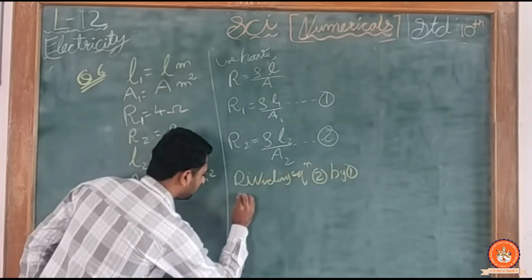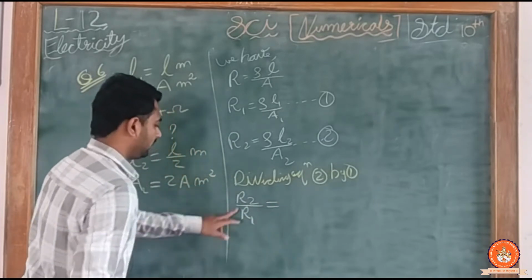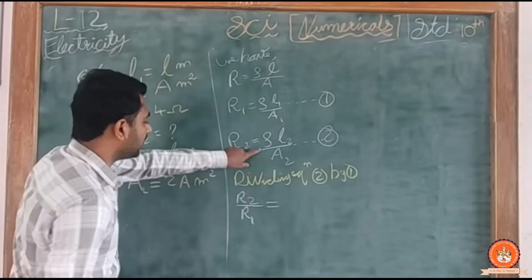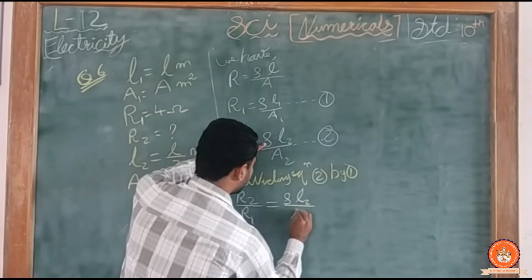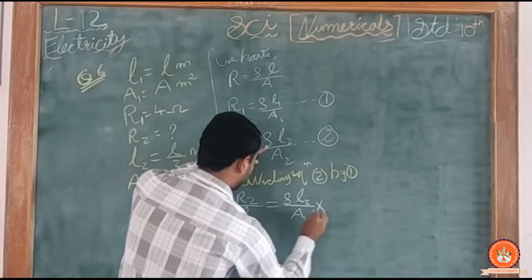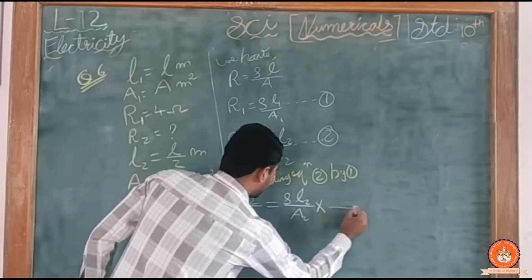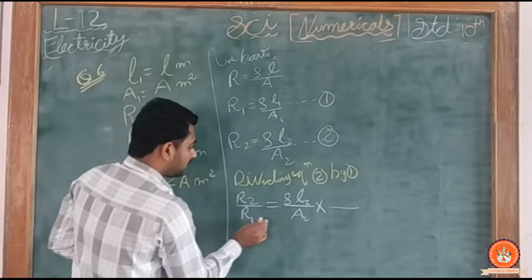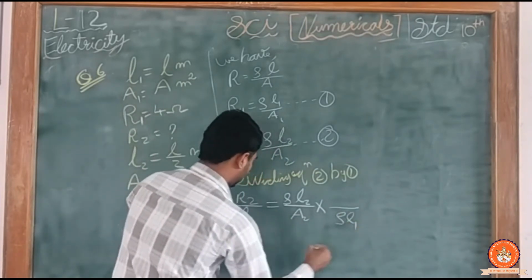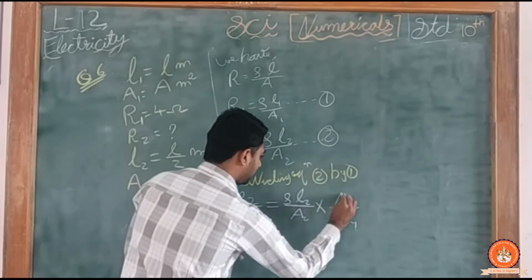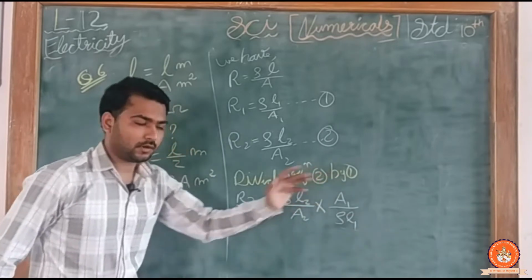So it becomes R2 divided by R1, and now we will place the value of R2, that is rho L2 by A2, multiplied by the value of R1. R1 is in denominator, so we will start from the denominator. R1 is equal to rho L1 divided by A1. डिनोमिनेटर का डिनोमिनेटर न्यूमरेटर में चला जाएगा.